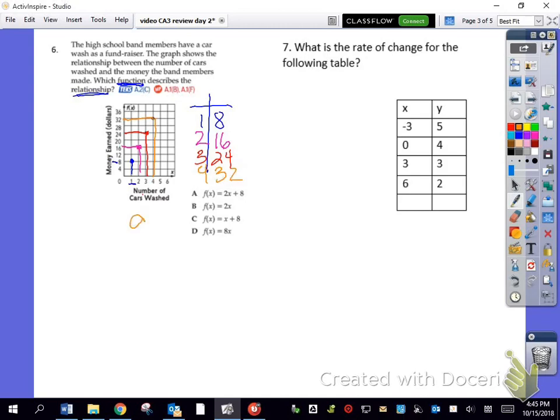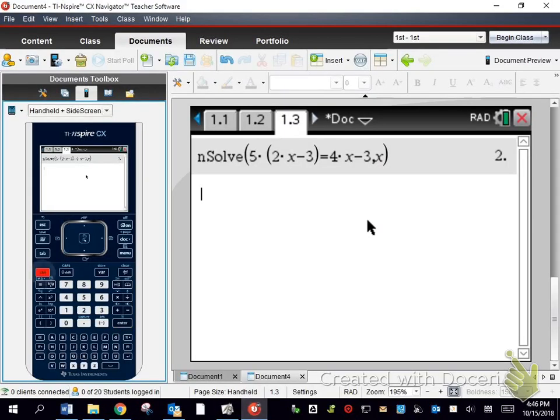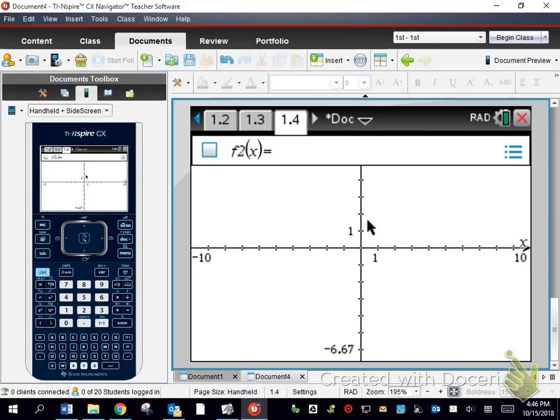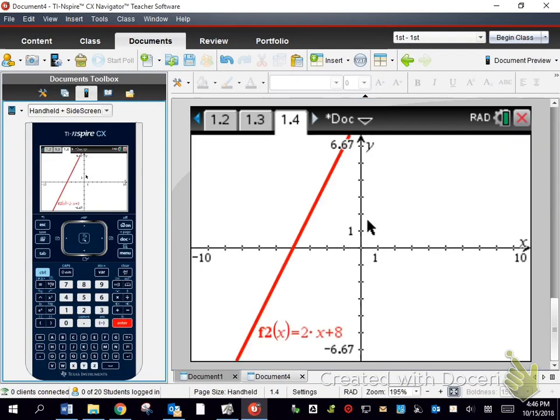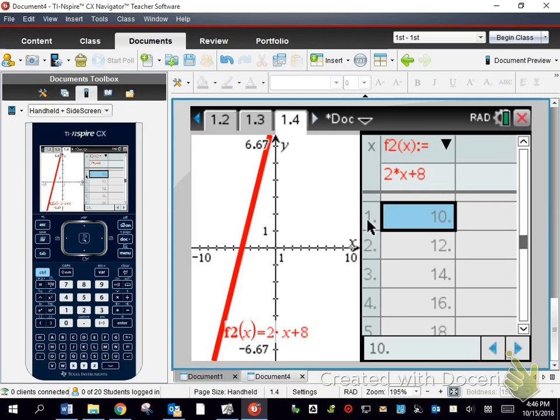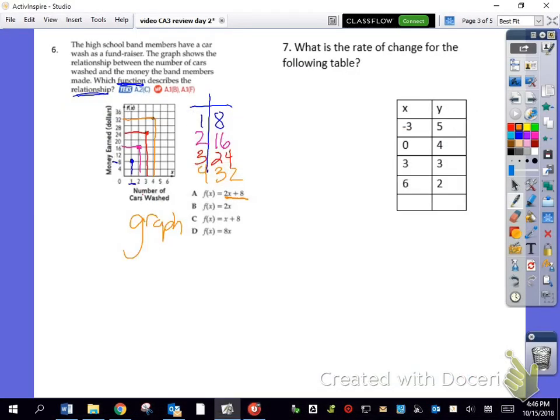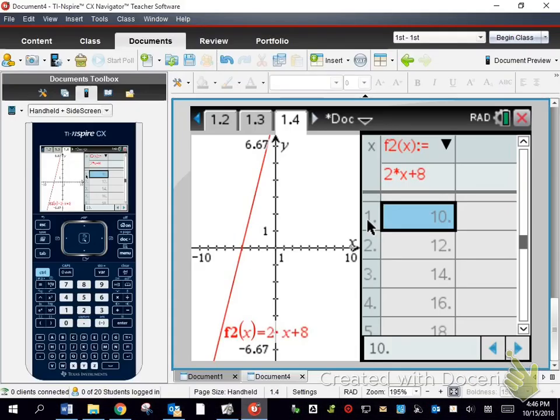Now, I'm going to graph these equations and see which one matches. First 2x plus 8. Control dot, go to 2. Once you graph, you can look at the table, Control T. My first number was a 1, and that 1 does not go with 8. So that does not match.